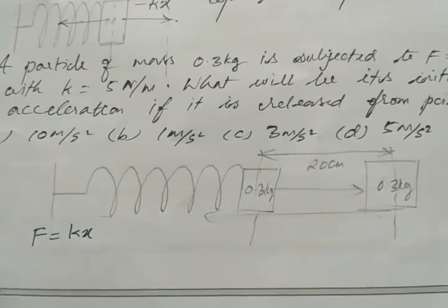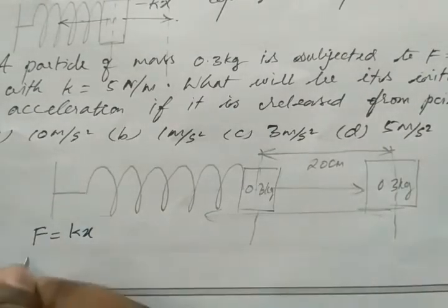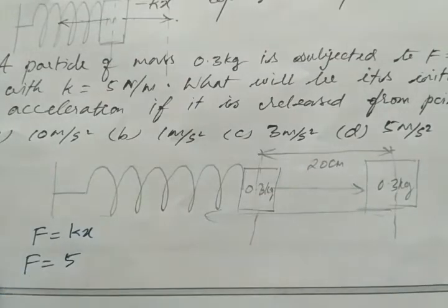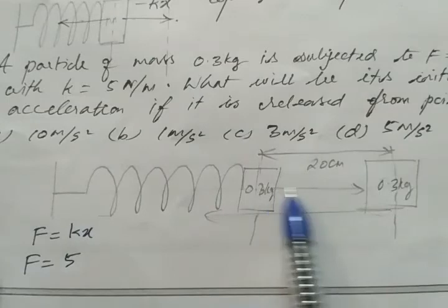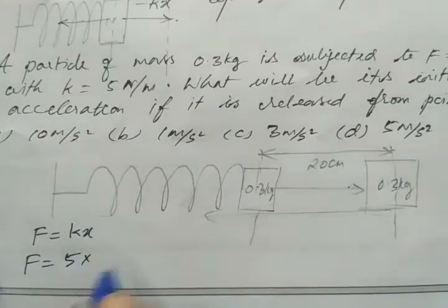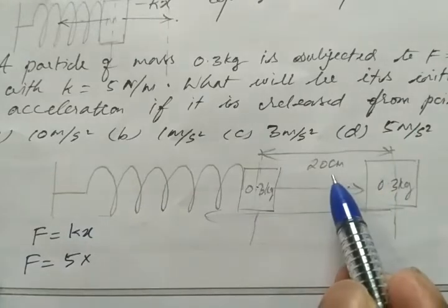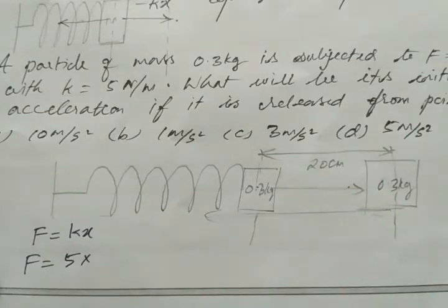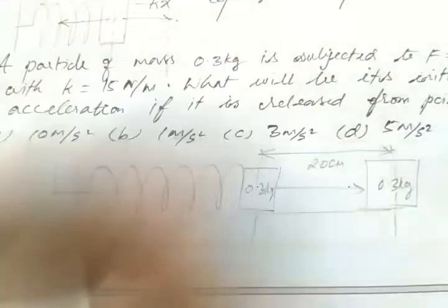So here, what is the value of K? K is given as 5 Newton per meter. What is x? x means displacement length. The mass got displaced from its mean position to 20 centimeter. So we have to convert this, we get 0.2 meter. I'm sorry, actually the spring constant is 15 Newton per meter.